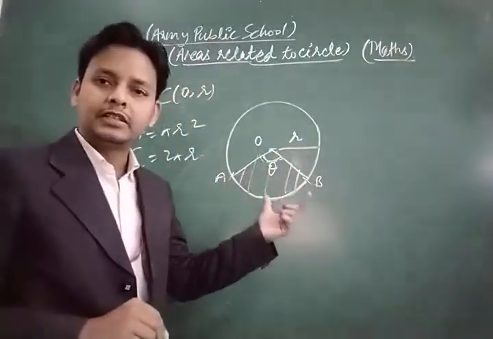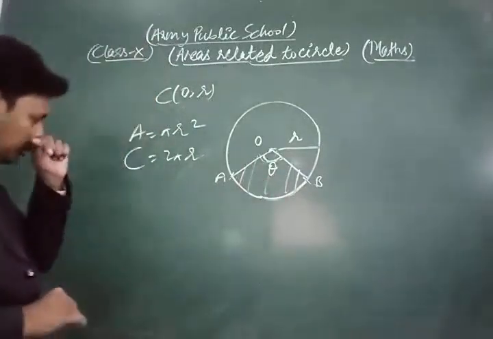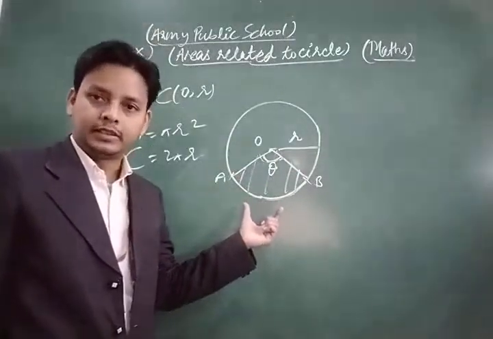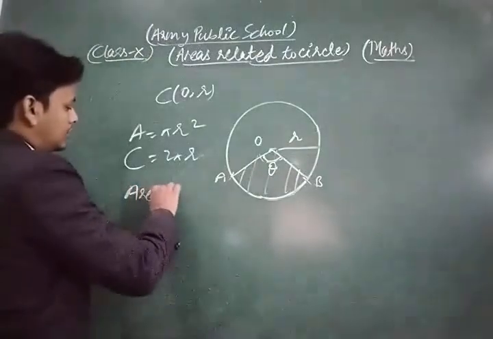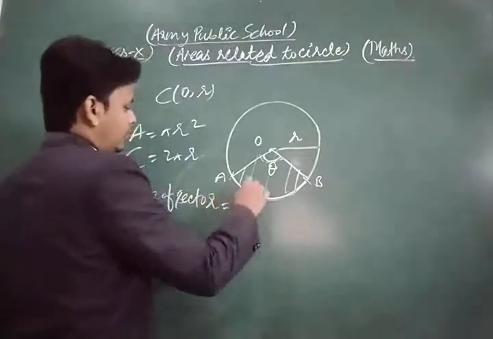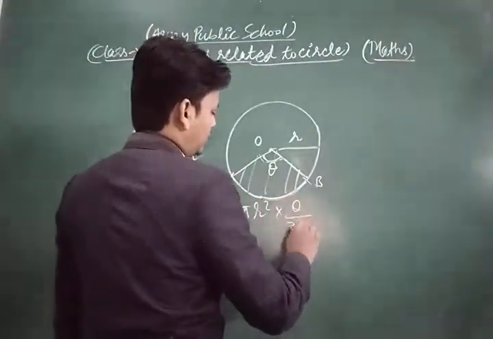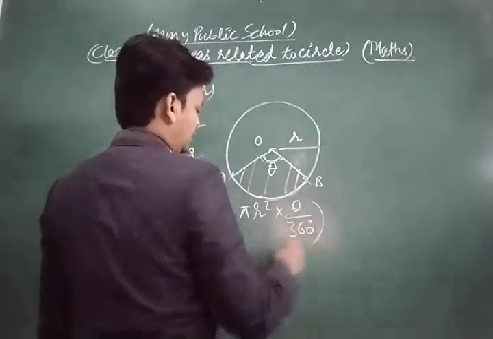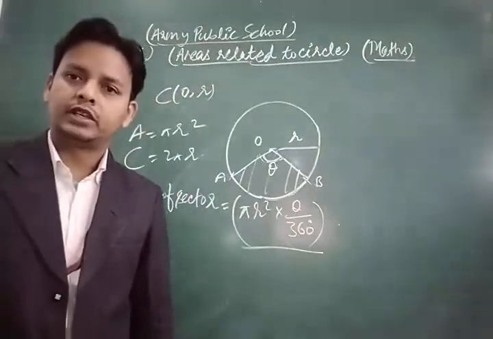Then the region bounded by an arc and the radii of the circle is known as a sector. And the area of a sector, dear friends, is pi r square into theta upon 360 degree. This is the formula for the area of a sector.